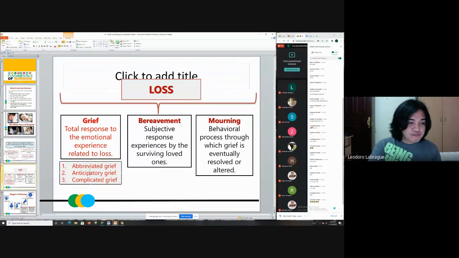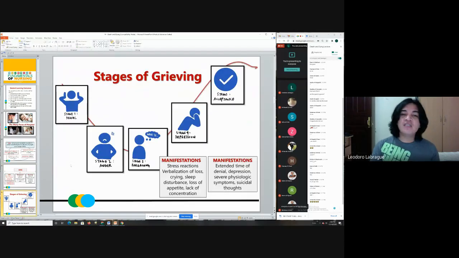Okay, now, this is very, very important. When a family member is experiencing a dying family member, or if a person is dying himself, the person will experience or undergo different stages of the grieving process. Whether you are the one who is dying or a family member whose family member is dying, all of you will experience this grieving process.